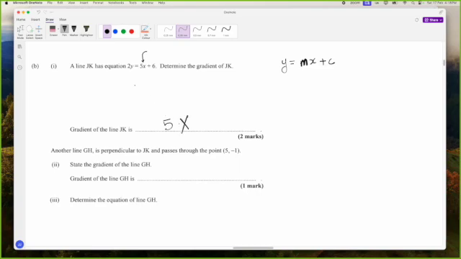But that would be wrong, because this line is not in the form y is equal to mx plus c. This line is in the form 2y is equal to 5x plus 6.